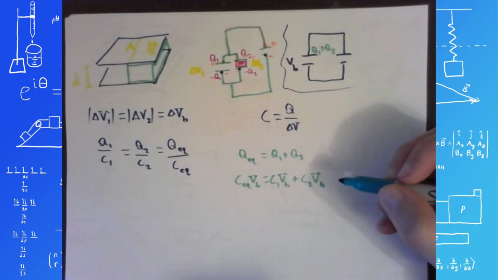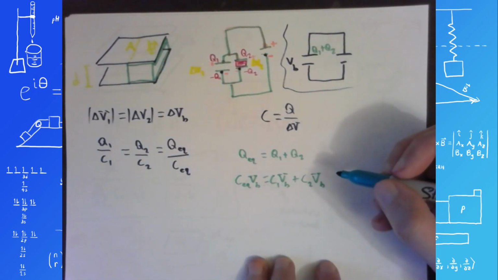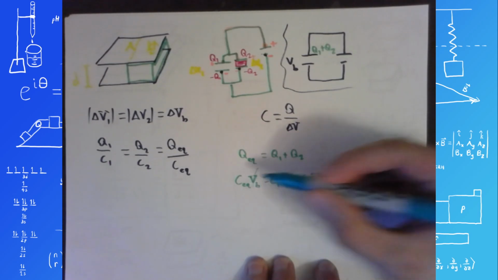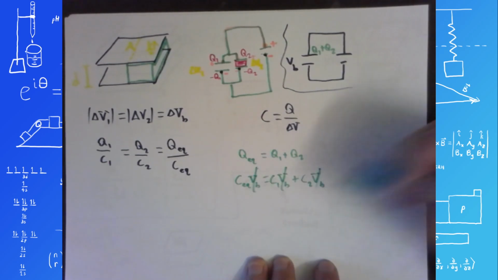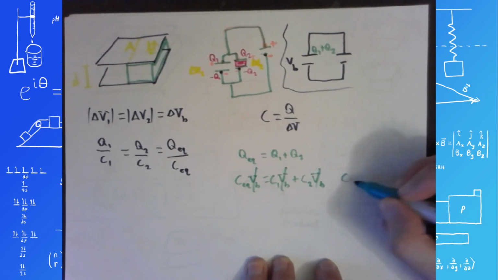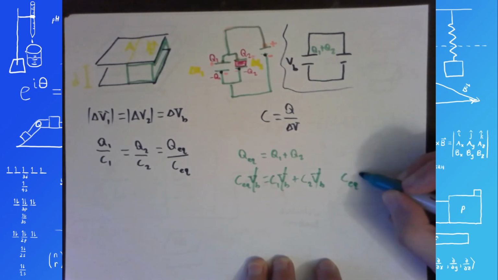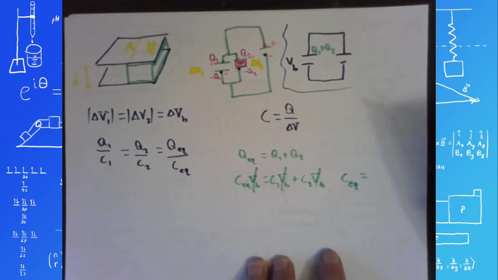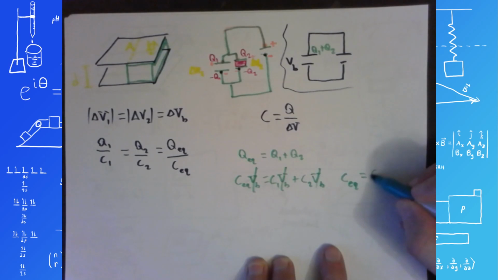At least for the general case. We'll deal with the dielectric case in a minute. And we can cancel this. And there we go. For adding capacitors in parallel, you simply add their capacitances.